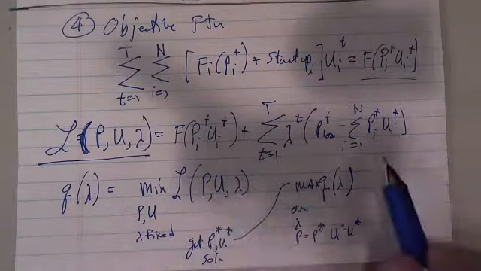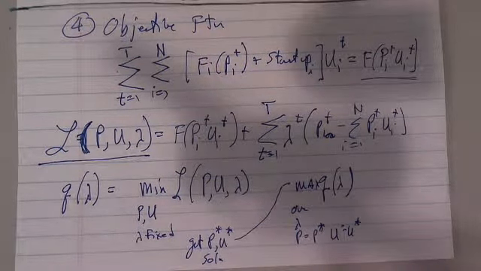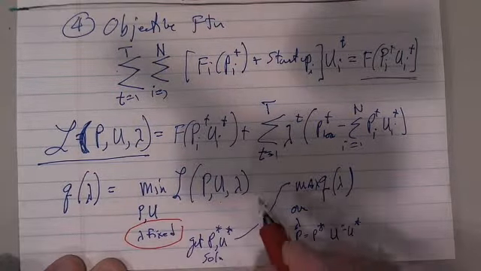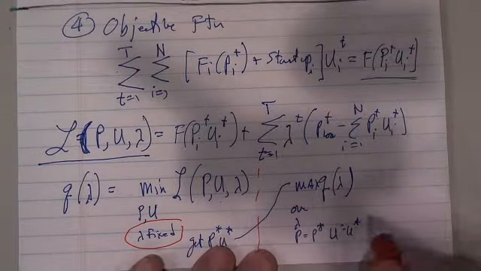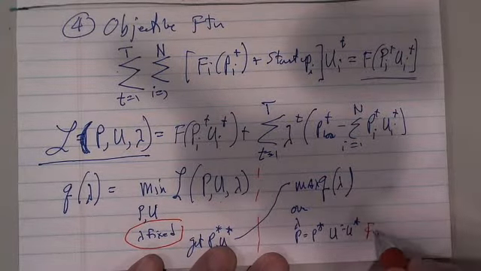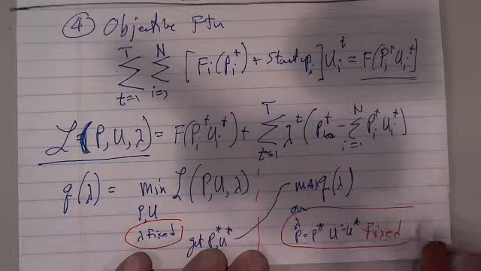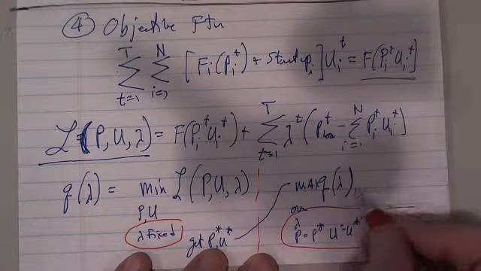But this one says that the important thing is right here. Lambda is fixed in this part of it, and over here, these I should put fixed here. I'm going to fix the P and the U, and I'm going to maximize over lambda.